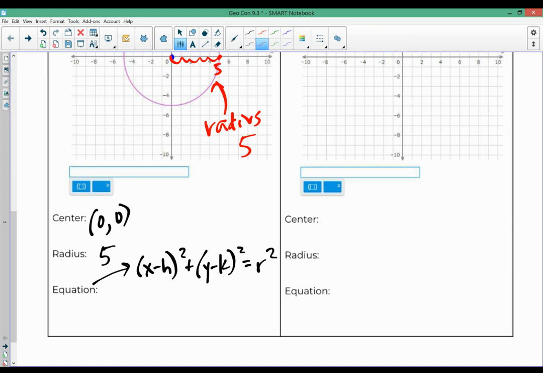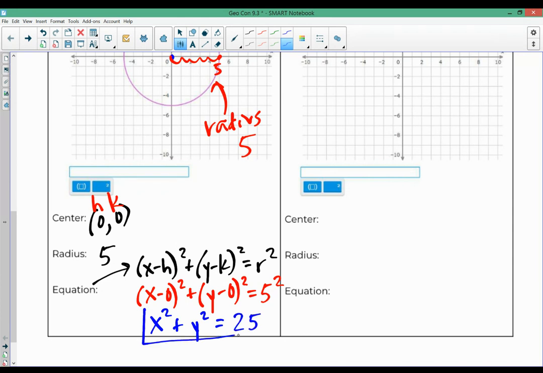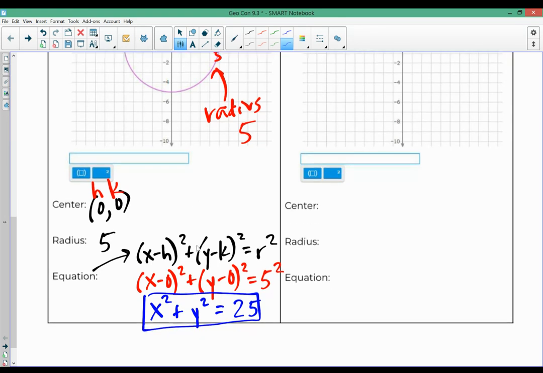So it's going to be (x minus 0) squared plus (y minus 0) squared equals 5 squared. And then we can just clean that up a little bit. If the center is at the origin, we can just leave it as x squared plus y squared equals 5 squared, which is 25. Not bad at all.